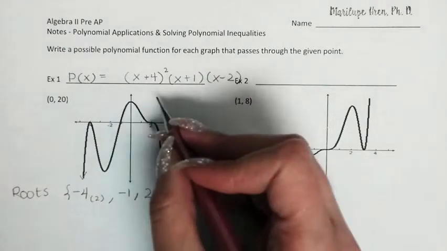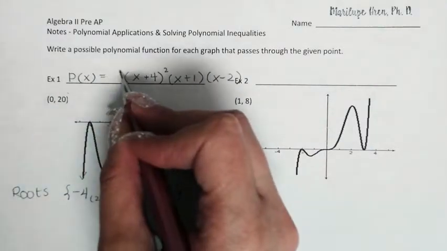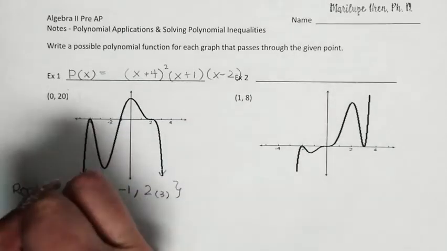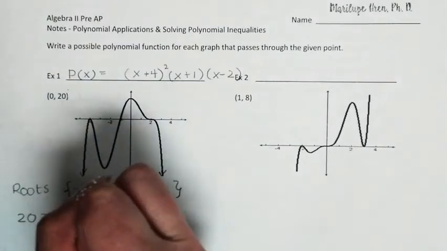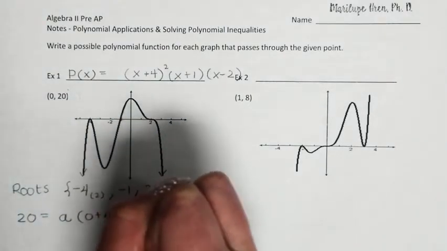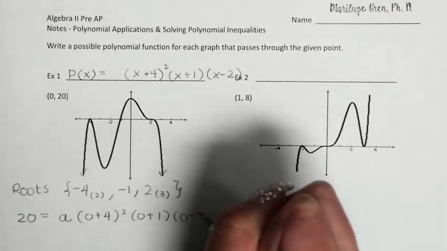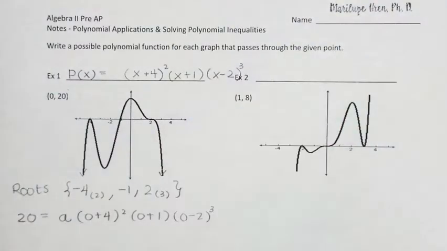So how can we find that something? Well, what you can do is you can use your point, okay? I'm going to call that something a, okay? So I know that 20 is equal, because that's a y, to a times (0 + 4)², (0 + 1), (0 - 2), and I forgot the cube here, cubed, okay?